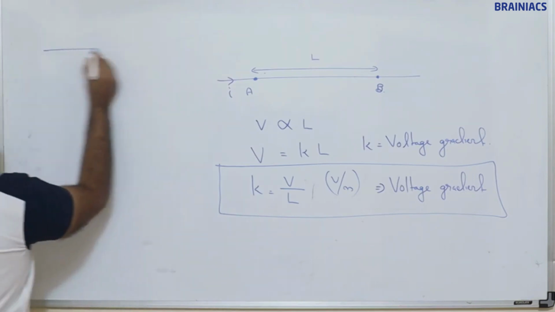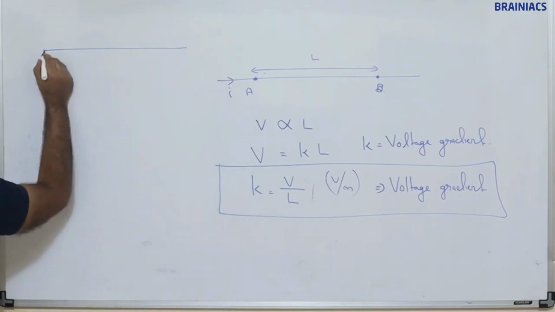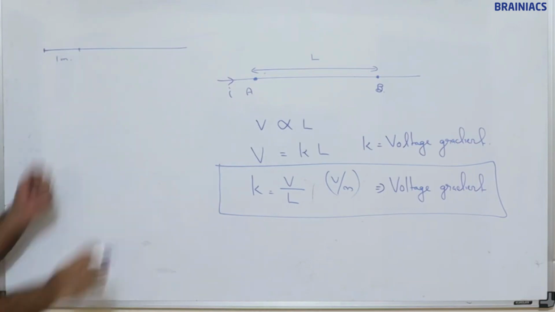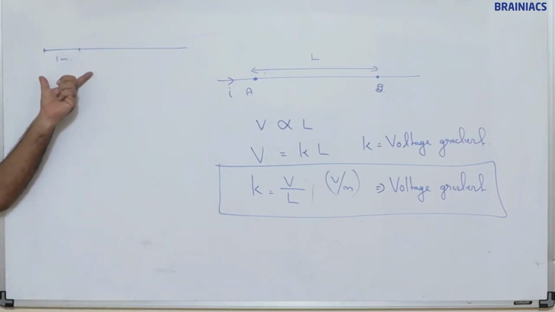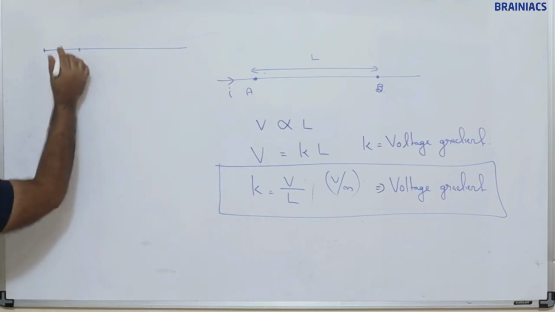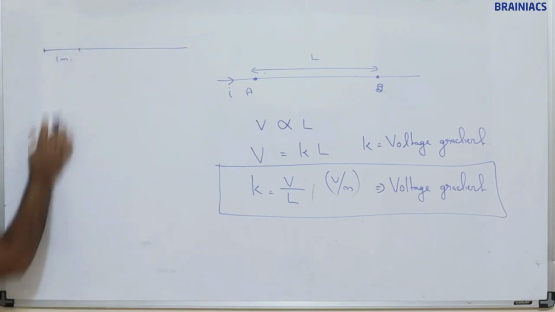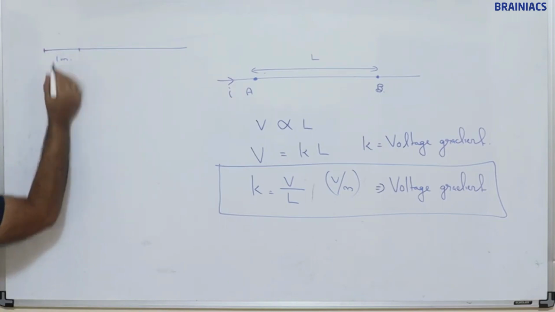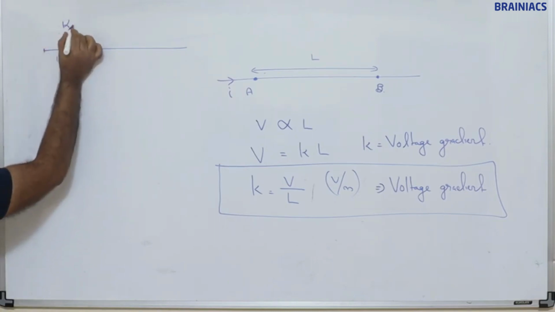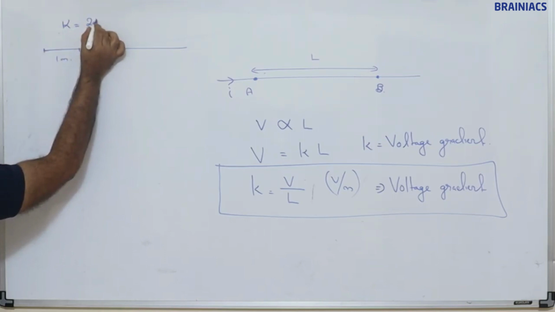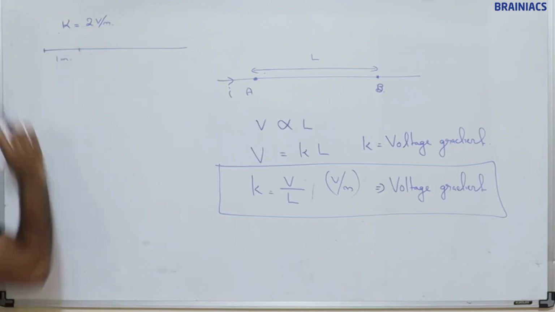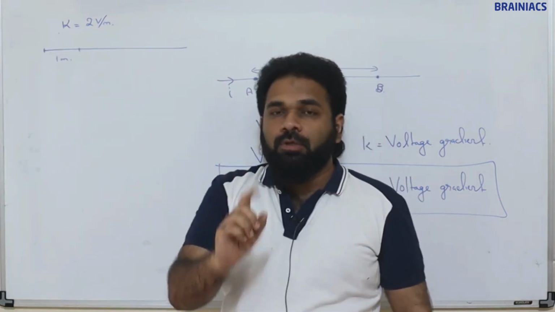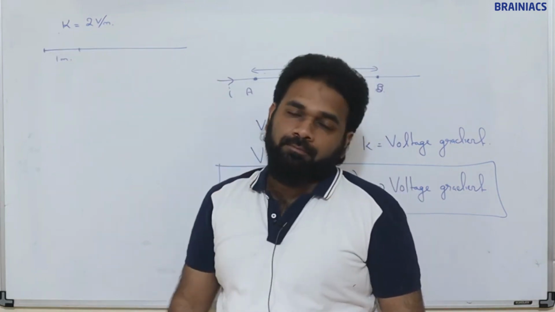Suppose we consider a length, and if this is 1 meter, in 1 meter we have a 2 volt drop. That is, the potential gradient is nothing but 2 volt per meter. Example, in 1 meter a 2 volt drop will be there.